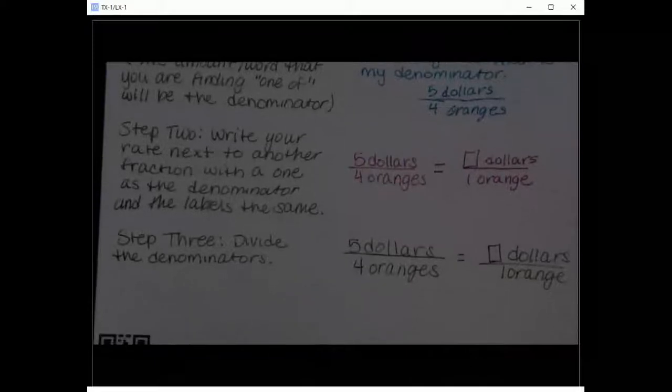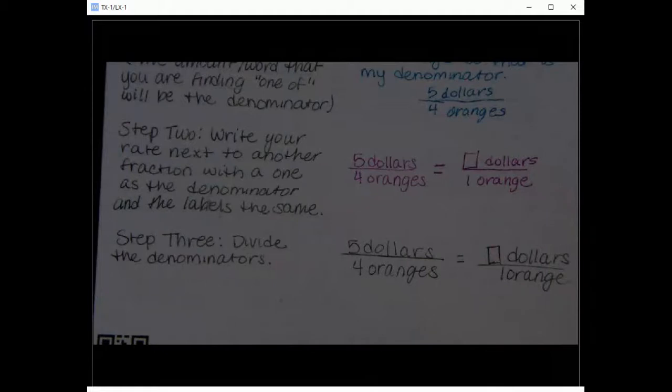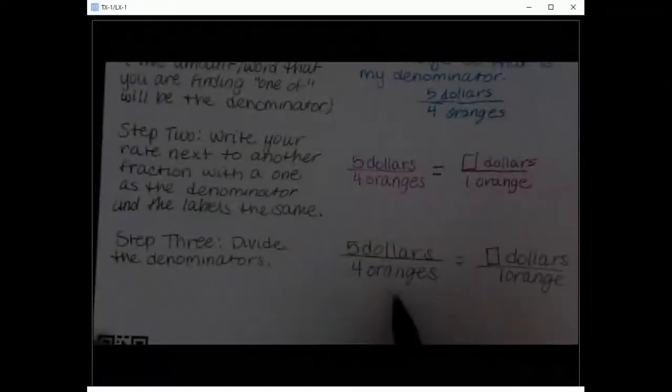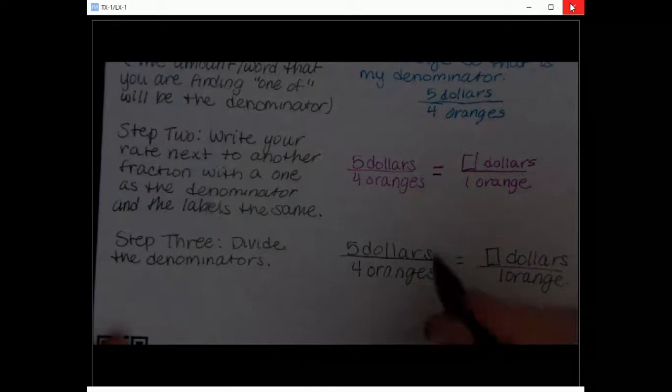Step 3 is to divide the denominators. If this is looking very similar to you, it should, because this is just like what we did when we were finding equivalent ratios. It's pretty much the same thing. We have to figure out how we get from 4 oranges to 1 orange by multiplication or division.